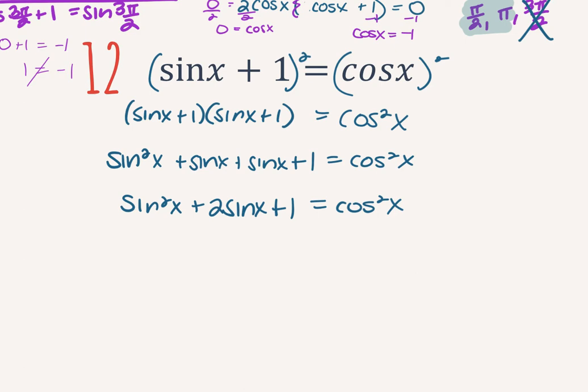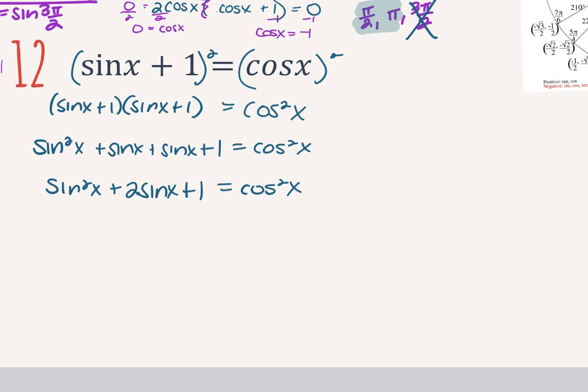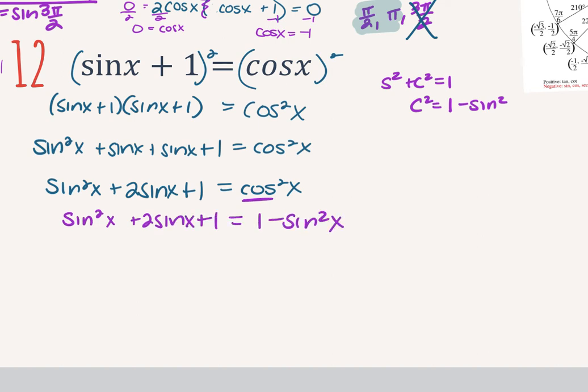With me so far? All right, then I know I got to replace. I'm not going to replace the sine squared because then there's still a sine. So I want to replace the cosine squared. If sine squared plus cosine squared equals 1, then cosine squared would equal 1 minus sine squared. So this stays sine squared x plus 2 sine x plus 1 equals 1 minus sine squared x.